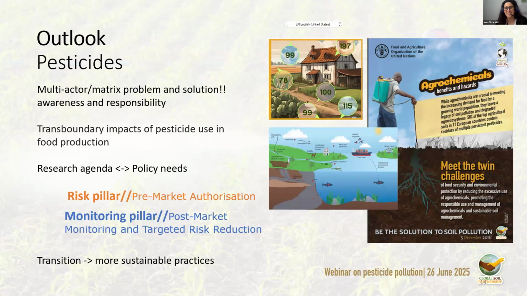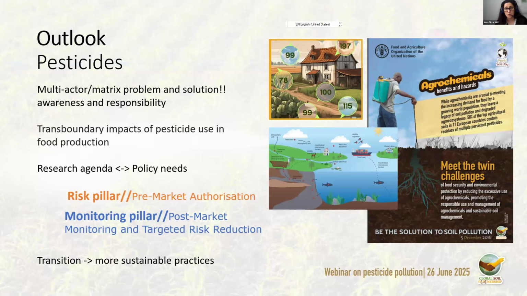This is my last slide. So I was showing up to now pesticides in soil, but I want here to upscale it a bit because I do believe that pesticide contamination and pollution is indeed a multi-actor and multi-matrix problem.